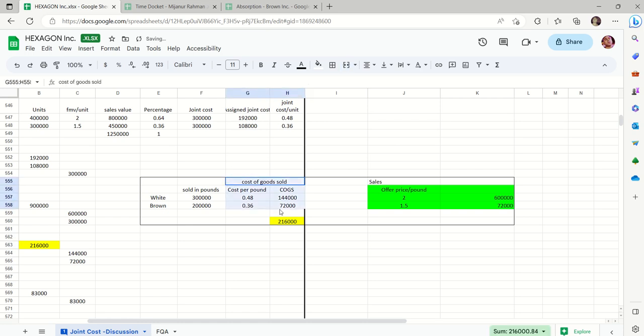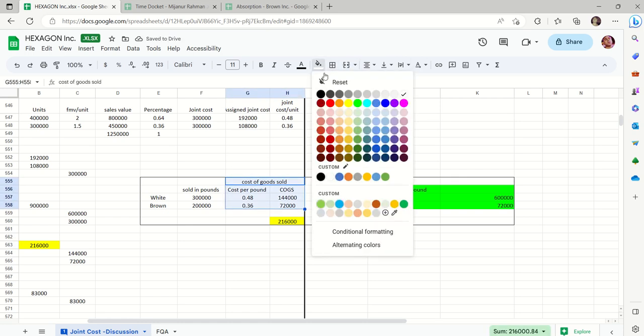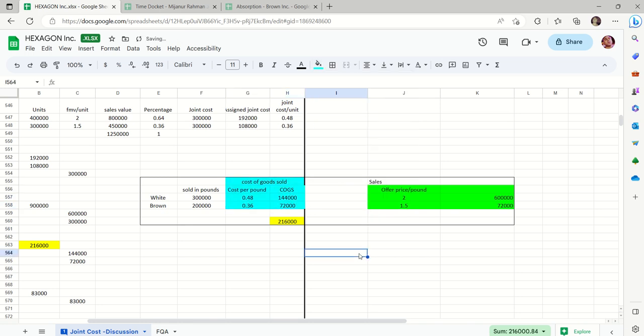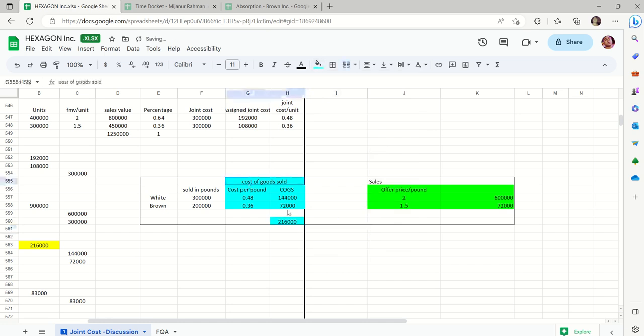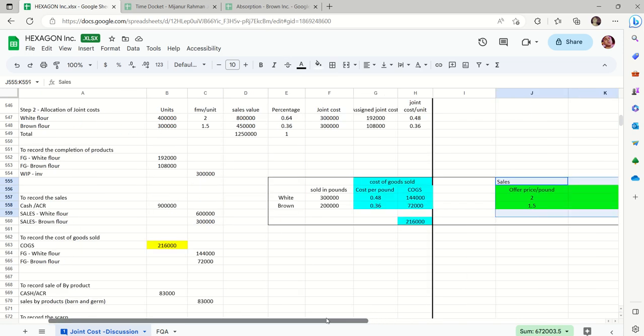So this is your cost of goods sold. I'm going to say it's COGS. The COGS is the cost of goods sold. Right there, this is how much money you put to produce the white flour. And over there, highlighted in green, this is what someone offered you that they want to buy.